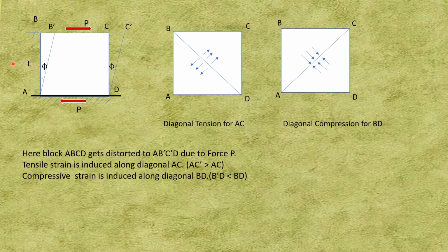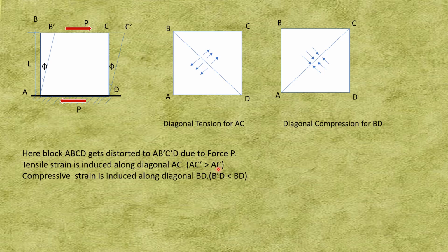Now again, let us consider the same block A, B, C, D. This is the distorted position, B to B dash and C to C dash. What is important here is that point C has shifted to C dash. So the diagonal AC was the original dimension. After distortion, the diagonal becomes AC dash. Here you can very easily observe that AC dash is greater than AC.